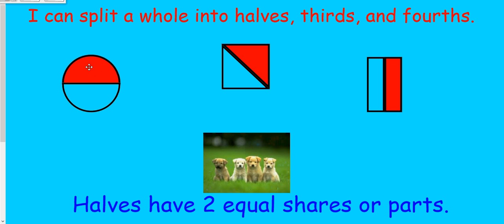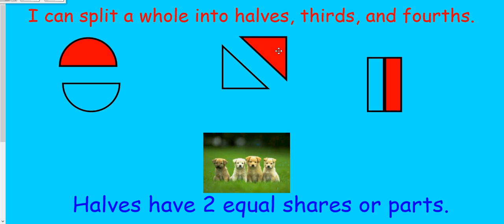So these 2 parts of the circle are equal shares. They are the same size. Look at these 2 parts or shares of the square. They are the same size, so we can split this square into halves. This is 1/2. This is 1/2.